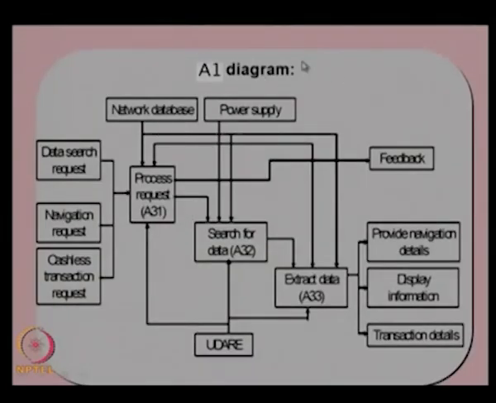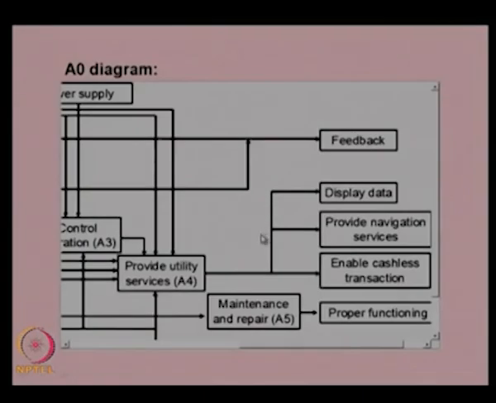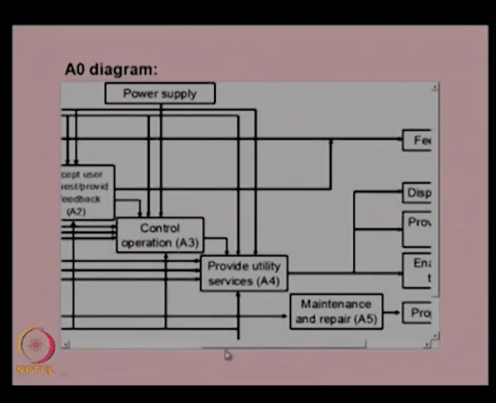In the first level diagram, we will be decomposing the A3 function into its sub functions. So, you can see here, the A3 function is basically to provide the control operation. In control operation we need to control the request from the users, and then based on the request we need to provide outputs.